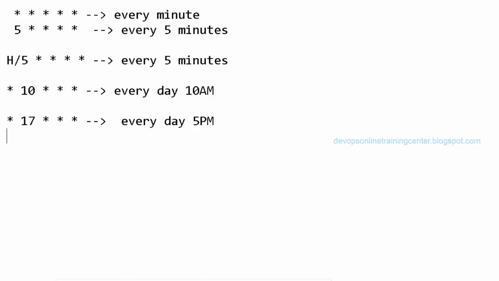Or let us say I want to run with star 10, comma 17 star star star. So this will run every day at 10 a.m. and 5 p.m. Right? So this way we can schedule the jobs based on the requirement.